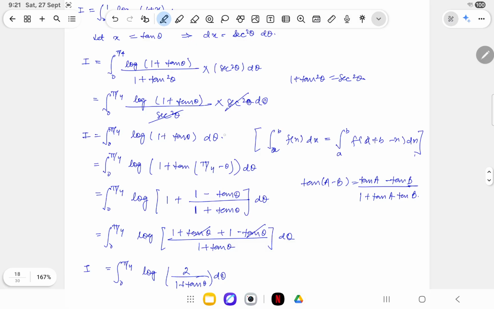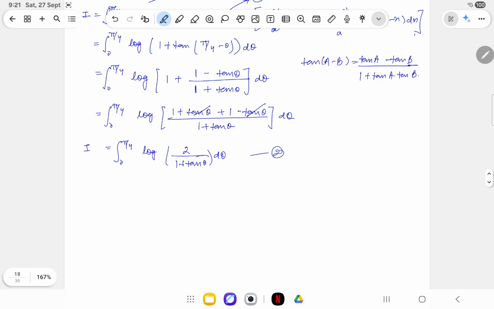Now if we just name this equation 1 and this as 2, and just add these two equations, we'll get 2I is equal to integration 0 to pi by 4 log 1 plus tan theta plus log 2 divided by 1 plus tan theta d theta.